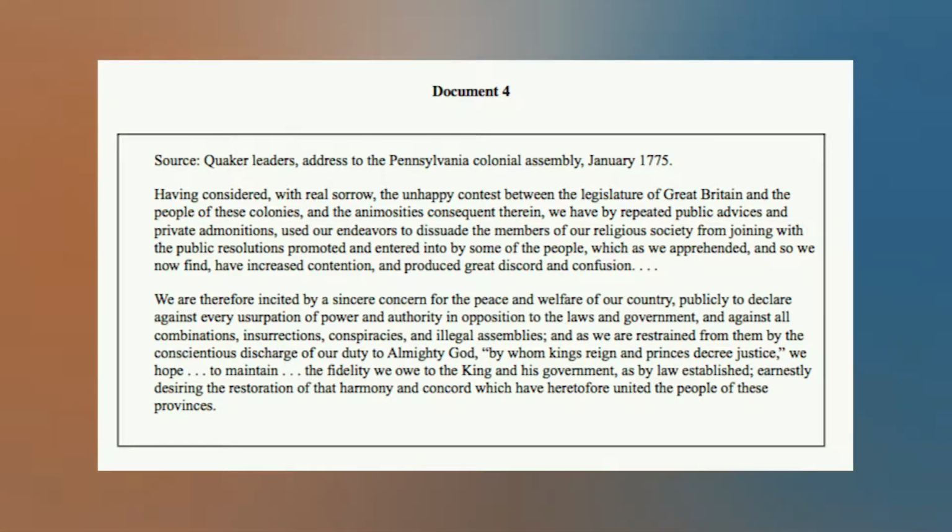Having considered with real sorrow the unhappy contest between the legislature of Great Britain and the people of these colonies, and the animosities consequent therein, we have by repeated public advices and private admonitions used our endeavors to dissuade the members of our religious society from joining with the public resolutions promoted and entered into by some of the people, which, as we apprehended, and so we now find, have increased contention, and produced great discord and confusion.